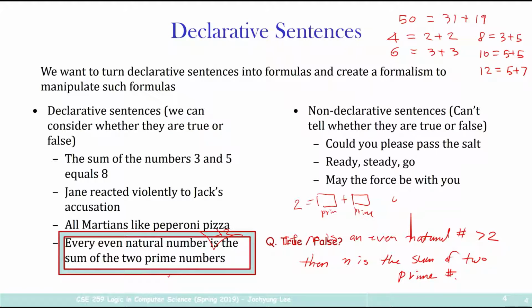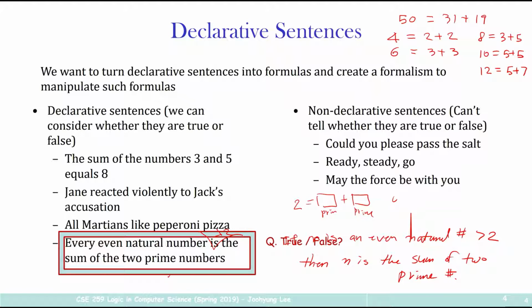And what is most surprising is nobody knows the answer yet. Even the best mathematician in the world doesn't know the answer. Okay? What is the name of this conjecture? Anyone knows? Okay, this is called Goldbach's conjecture. Very simple problem, but nobody knows the answer.